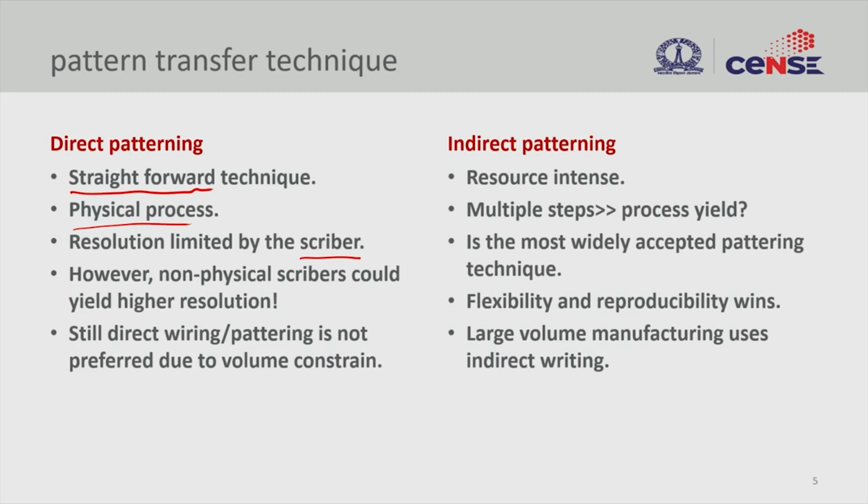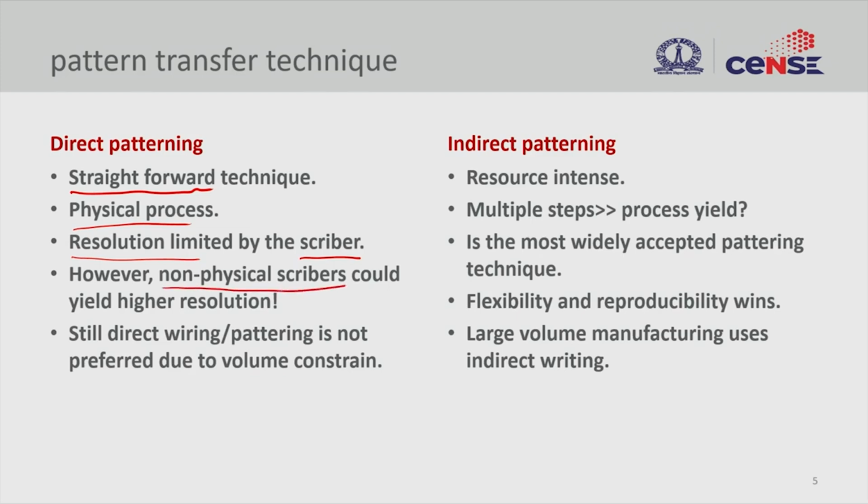So based on that sharpness, your resolution is limited, right? So this physical process is very destructive. So it's a destructive process, right? So that is the reason why it can result in some damage to the structure that you are actually defining, right?